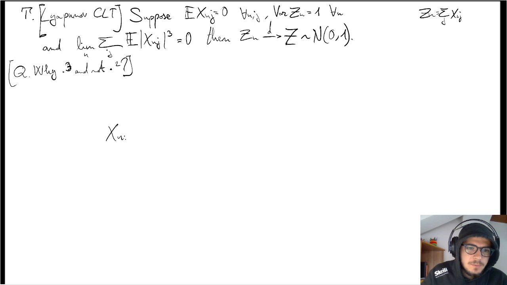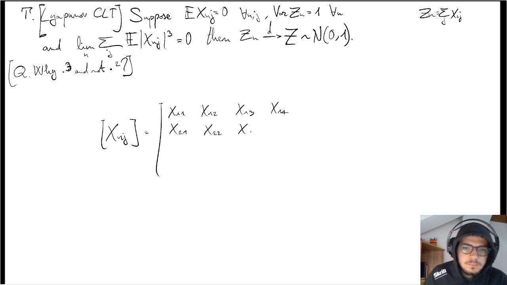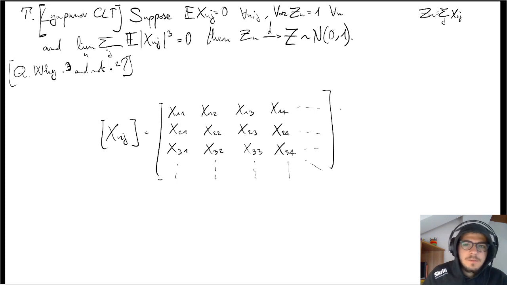Let's try just to visualize the triangular array again. And I would like to make some kind of concrete example. So this is Z1, this is Z2, this is Z3.